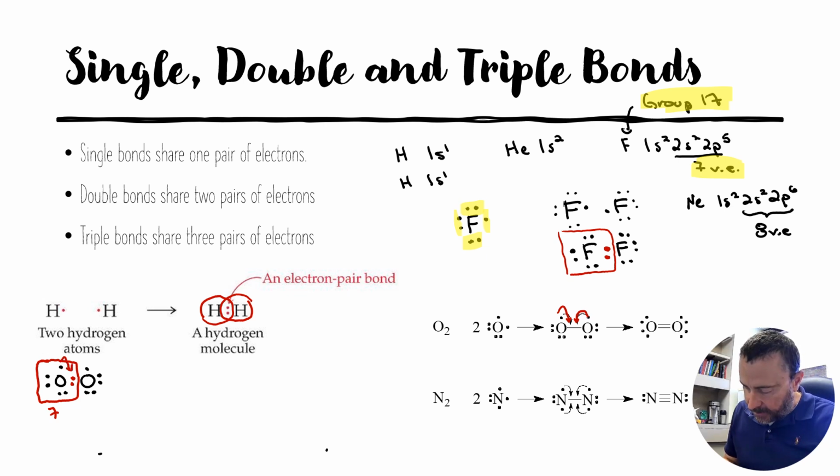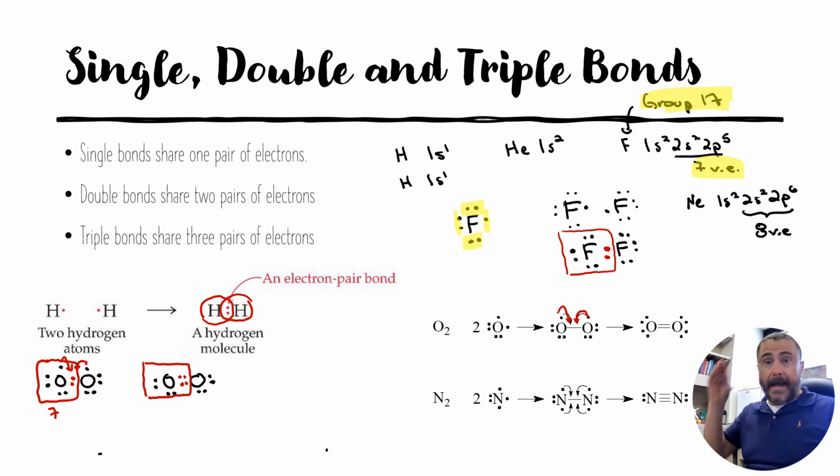So I'm going to bring in a couple more of them there. Okay, now each oxygen, again, I could draw a box around the other side too. But now there's 8 electrons there.